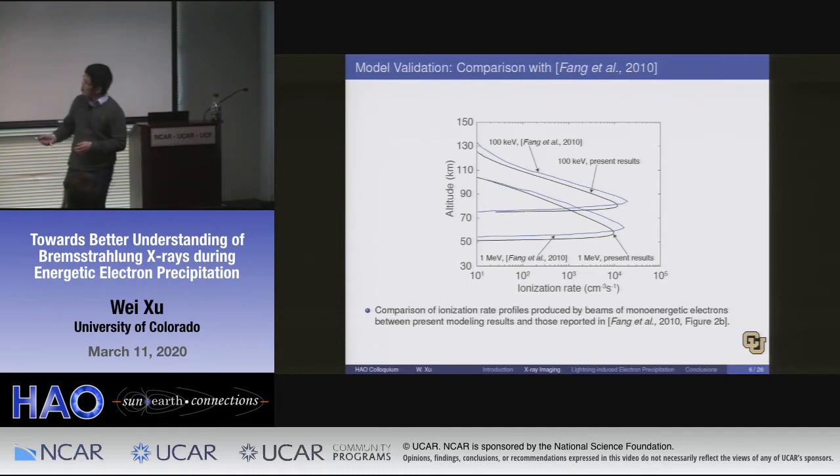This figure shows the comparison of ionization profile, that is the altitude profile of ionization production, with Fang et al. 2010. It's pretty clear that our simulation results for both 100 keV and 1 MeV are pretty close to Fang's calculation. There is a slight difference which might be explained by the background atmosphere density.